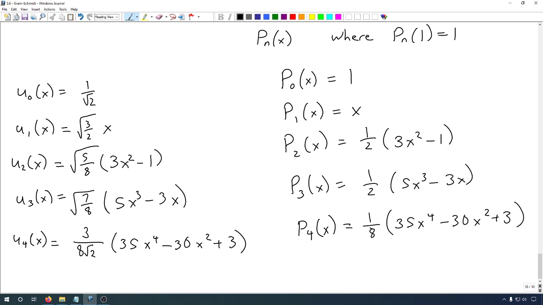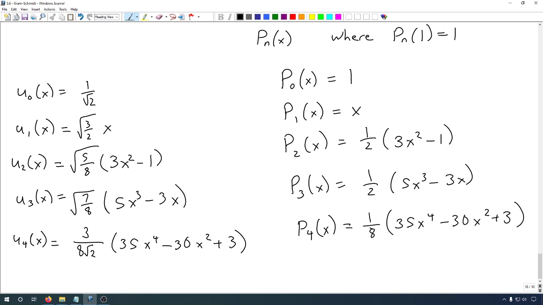And the book goes through that not only for these Legendre polynomials, but also for other polynomials that are under a different inner product. So if you use a different inner product, you can derive completely different polynomials. And depending on the situation that you're working with, maybe something else might work a little bit nicer.